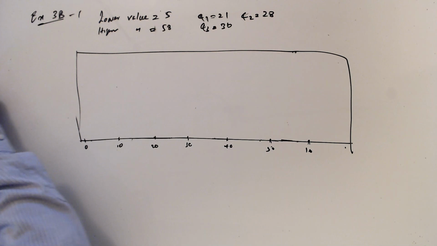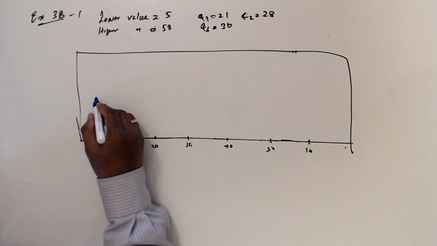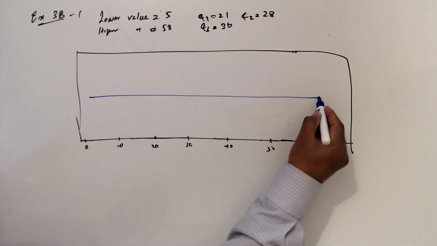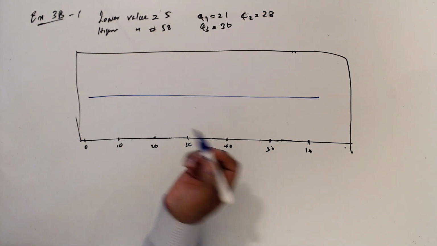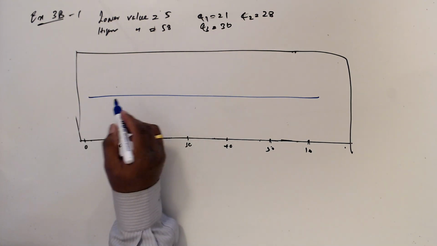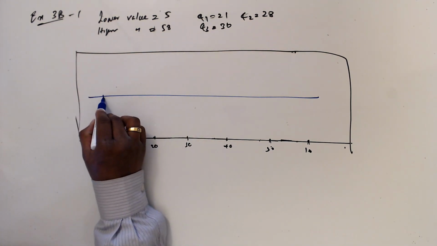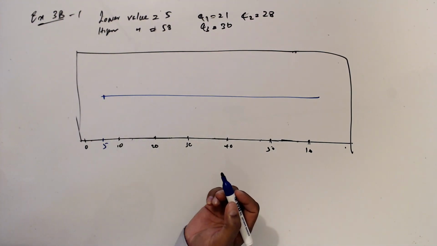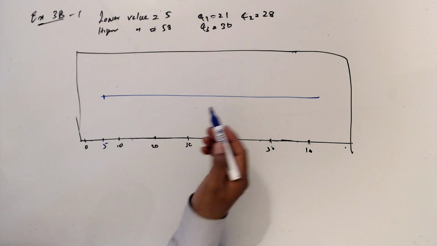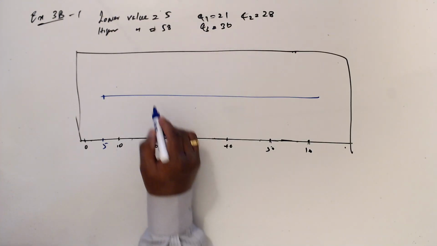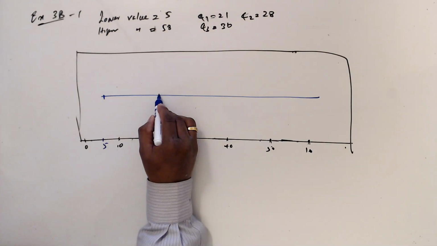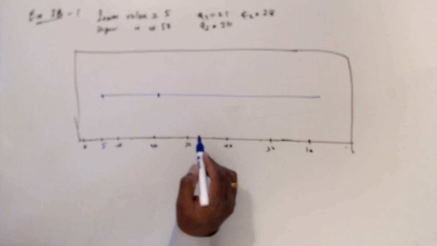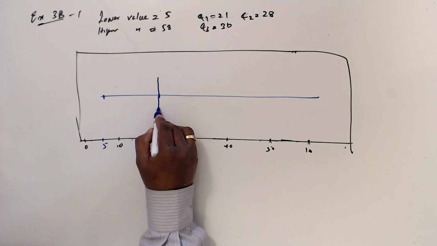So this is going to be the middle line. Now, the lower value is 5 here, so this value is 5. And then the first quartile is 21, this is 20, 21 here, so this is 21.